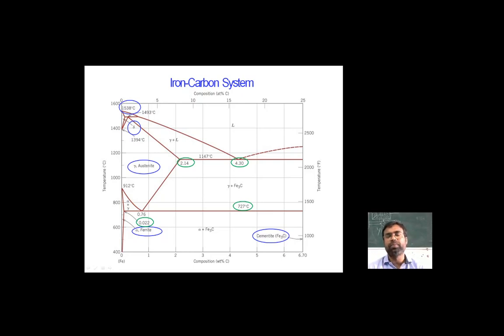But it also creates another kind of material: above 0.3% of carbon, the combination of alpha ferrite with cementite leads to a very hard material, which is associated with cast irons, which are brittle in nature, not ductile like steel.